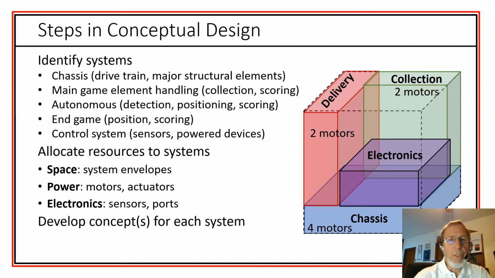So you identify the systems, allocate resources, then we move on to developing the concepts for each of these systems, and then integrating the systems into a whole. Each of these steps is very important.